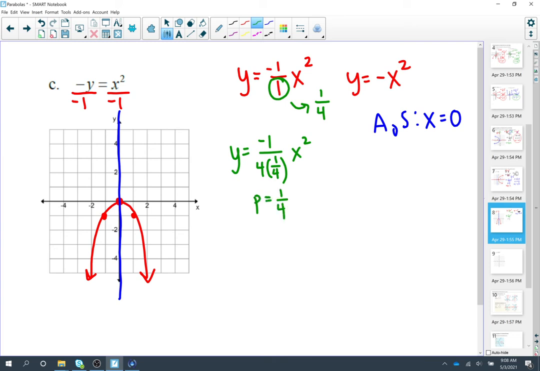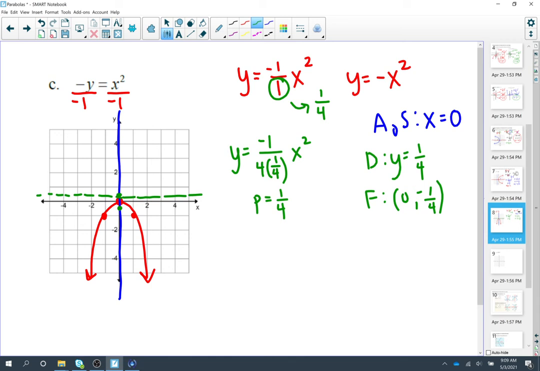So from my vertex, I'm going to go up 1/4. I'm going to go down 1/4. Outside my parabola is my directrix. So I now know my directrix is at y equals 1/4. Inside my parabola is my focus. So I now know my focus is at 0, -1/4. And then just to see how we did, let's check that latus rectum.